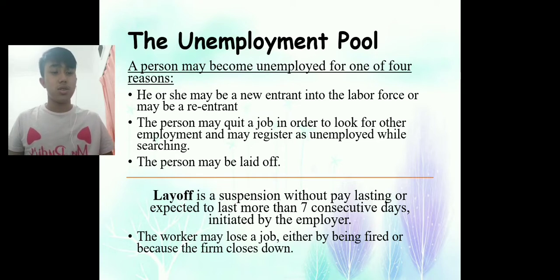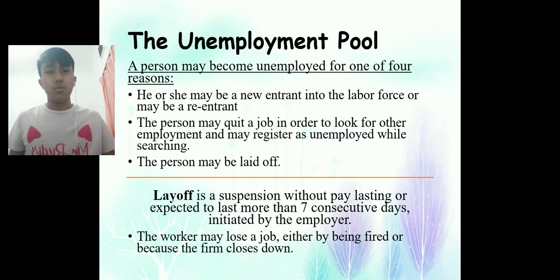First, he or she may be a new entrant into the labor force, or a re-entrant. The person may be a new worker, or an old worker who already had a job, lost it, and is trying to find a new one, and then succeeds. That is called a re-entrant.